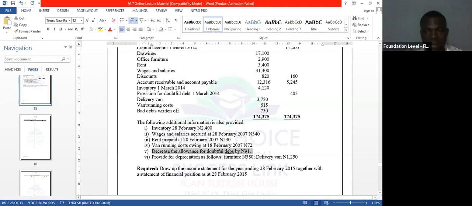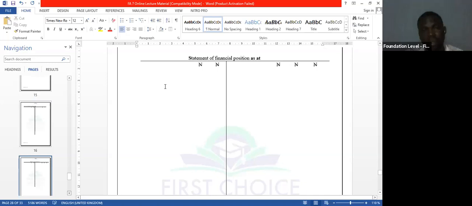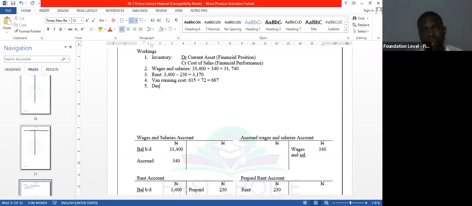So what is the initial figure given to us? The initial figure for provision for doubtful debt is 405. So our decrease in provision for bad doubtful debt will give us a total sum of.